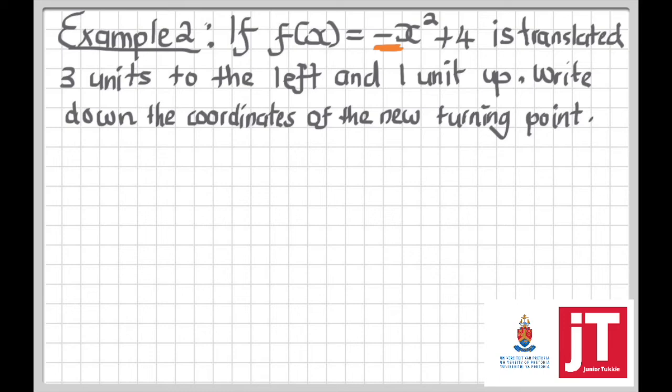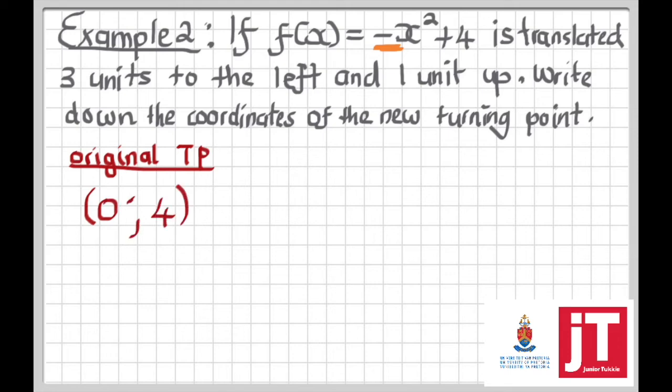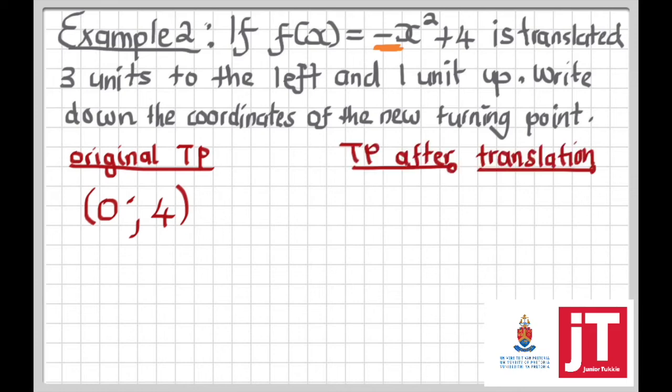So the maximum value there for your original turning point, in coordinate form, you can write that the original turning point would be (0;4). Now, we need to translate that point through 3 units to the left and 1 unit up. This you'd have done in grade 9. So the turning point after translation would be (0 minus 3; 4 plus 1).